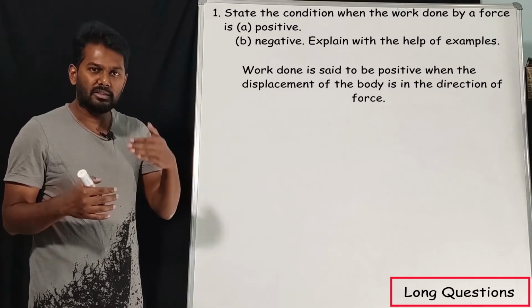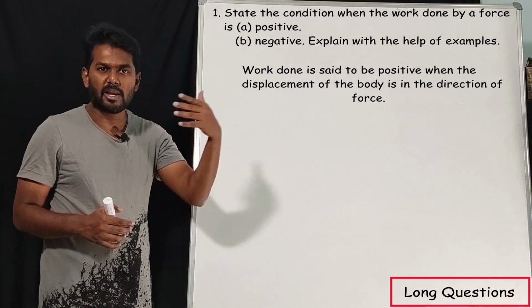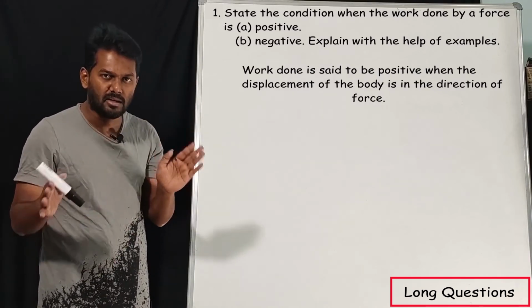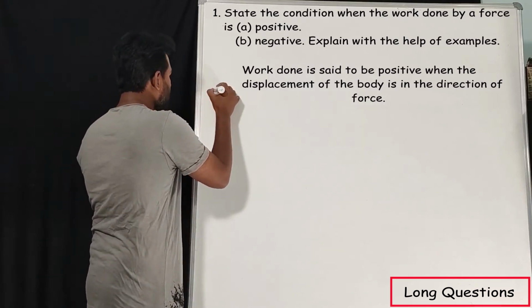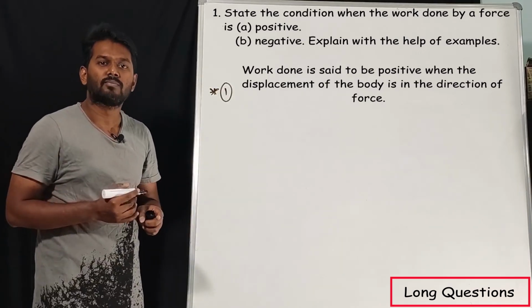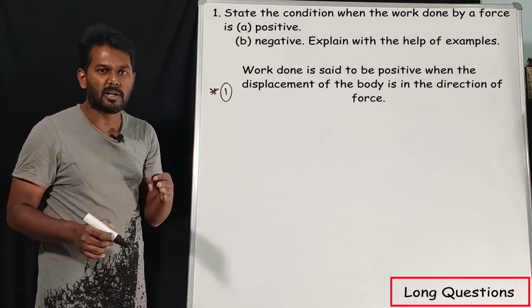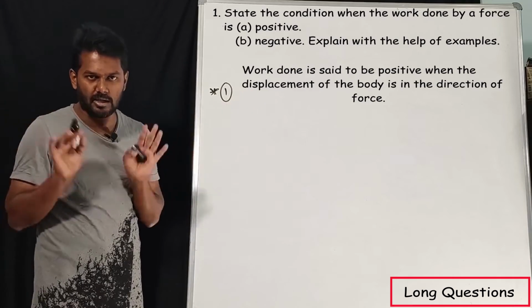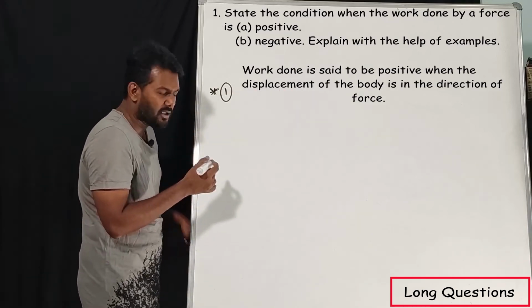Or when the object moves in the same direction as force applied, then the work done will be positive. First sub question. Or else you can write this one as when the angle between the force applied and the displacement is 0 degree. So now I'll explain it with an example. That is the statement.